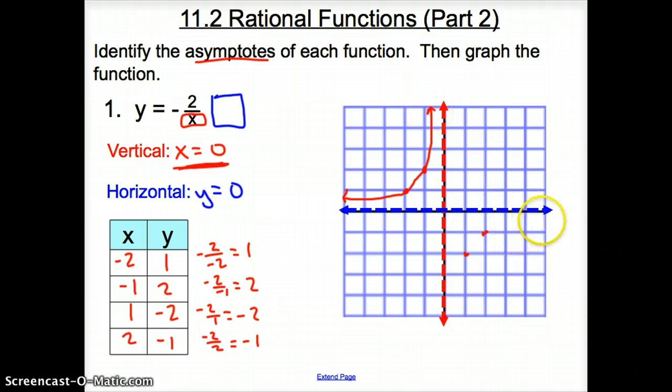Notice how I did not touch the asymptote. I do go through the 2 dots, but I do not cross my asymptote on both sides. I get 2 nice curved lines that represent y equals -2 over x.